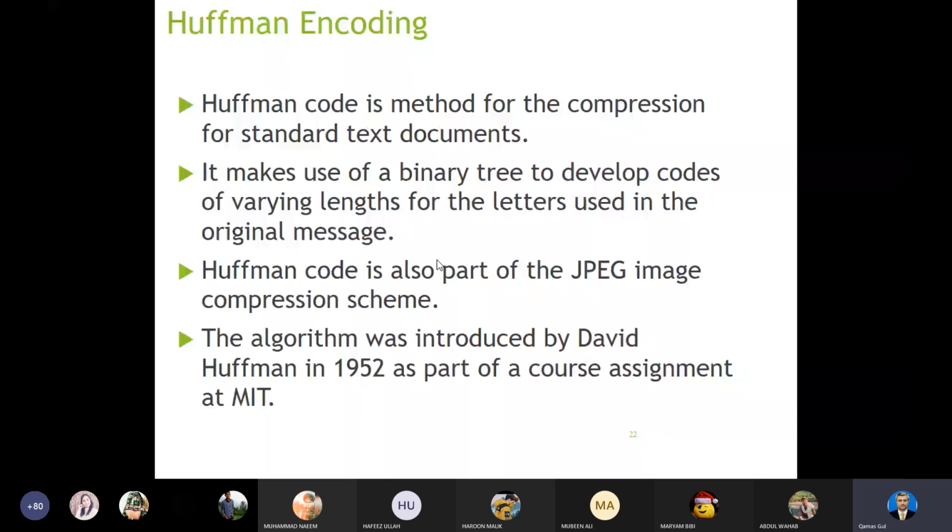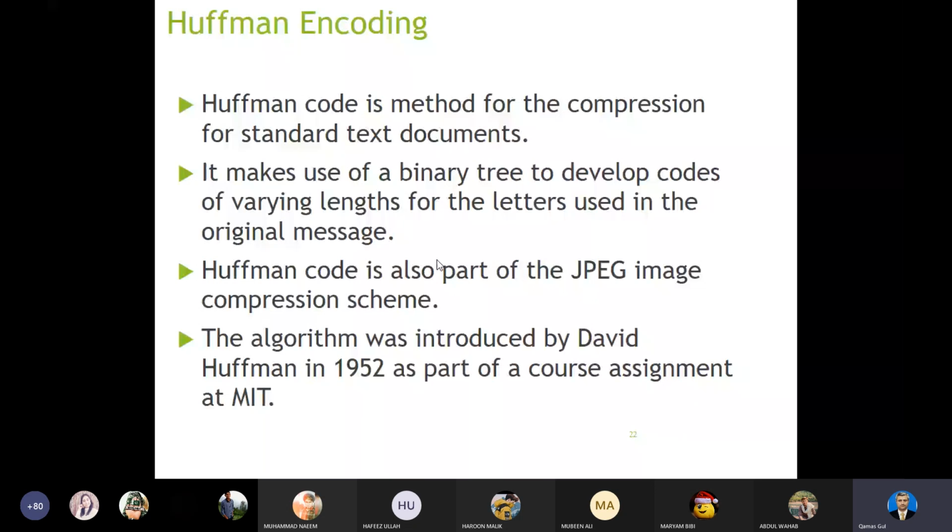Now you have images, you have plenty of data types, like your video files, and you have different types of video files as well. Then you have your audio files. So Huffman encoding, the early technique, was only used for compression of text documents.